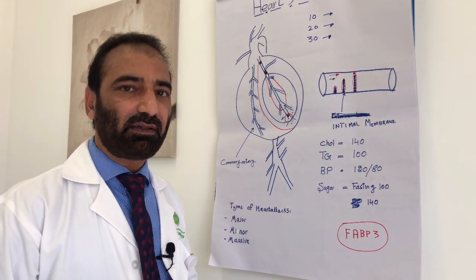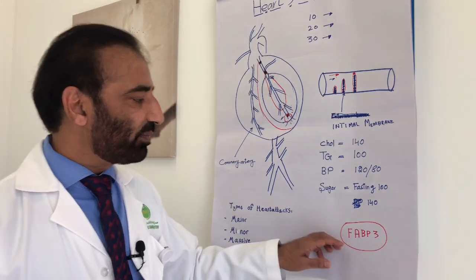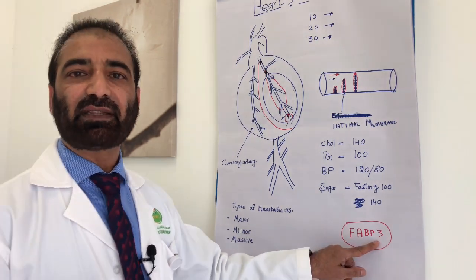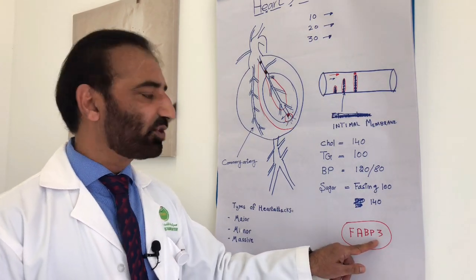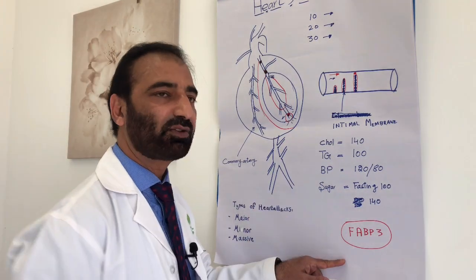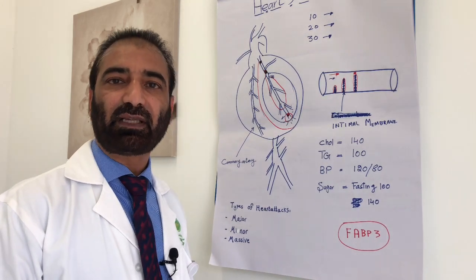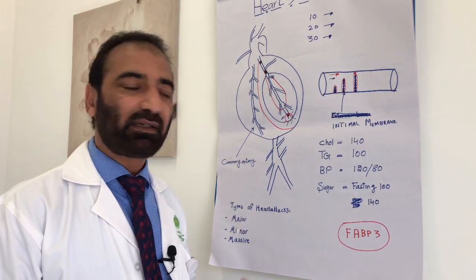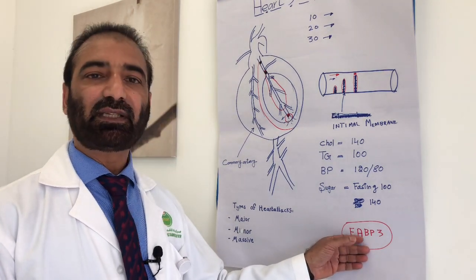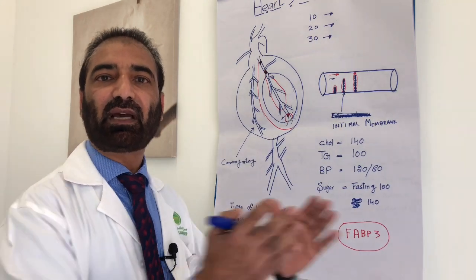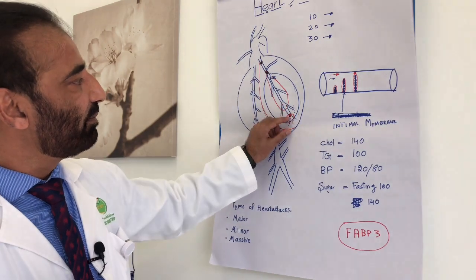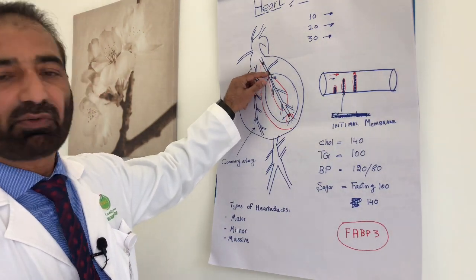But I studied this and found there is one protein called FABP3, which everyone has in the first 6-7 hours. If we make a device which can detect this, I think we can save 1.5 million people every year, because for diagnosis we must know this protein is occurring. Then we know the person has a heart attack and we need to do something to melt the blockage or put in a stent, or what we call a spring.